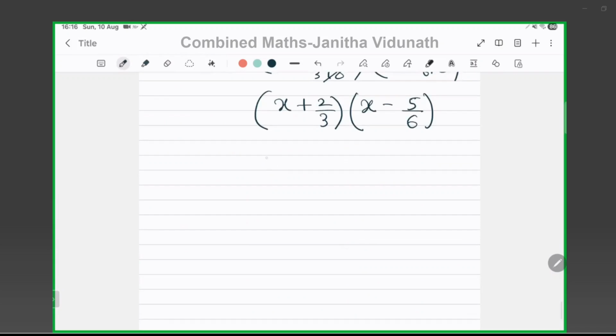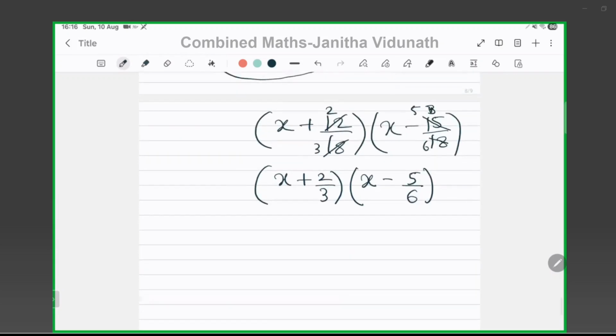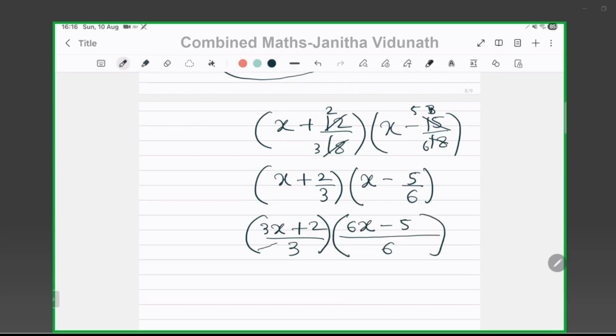Then we do the common denominator. Then we get 3x plus 2 over 3 from the first bracket, and from the second bracket we get 6x minus 5 over 6. Then simply we ignore the constant terms that we have in our denominator.